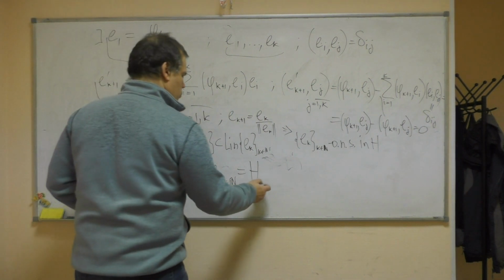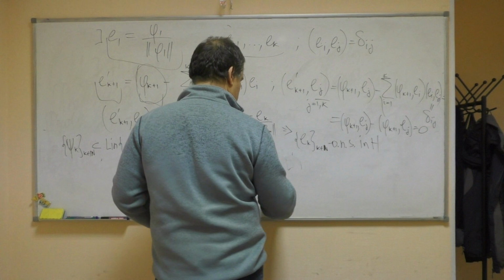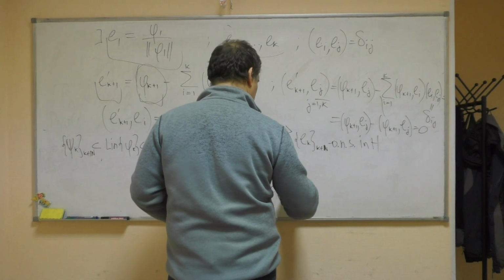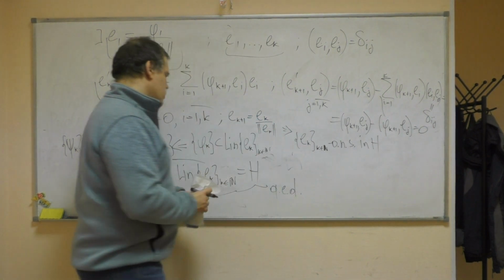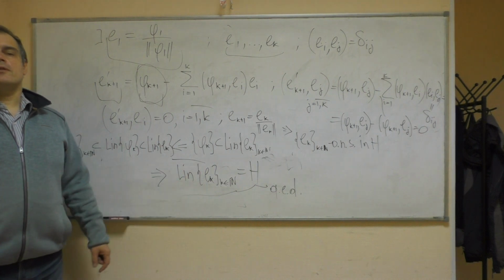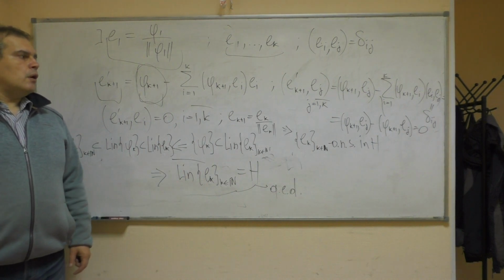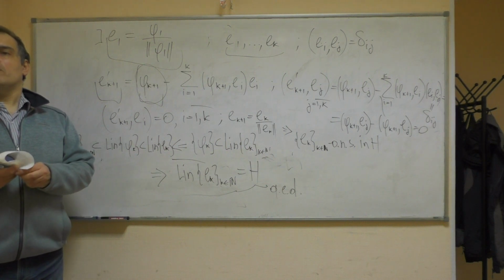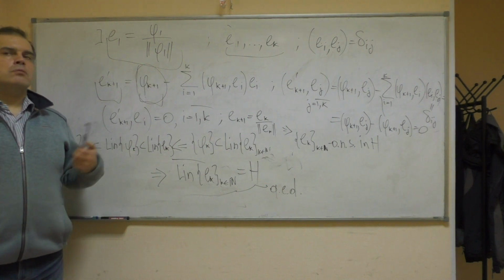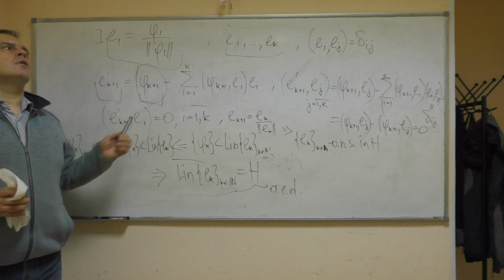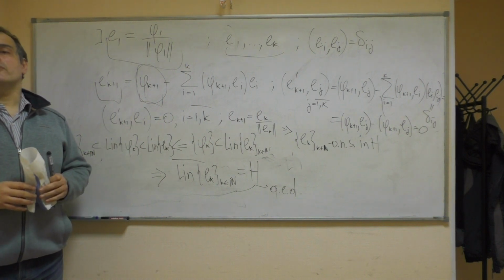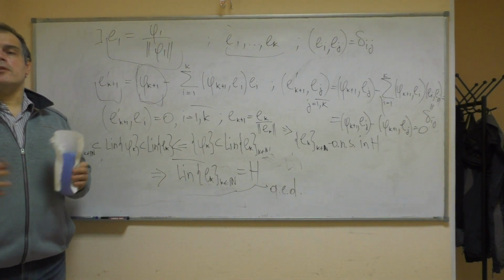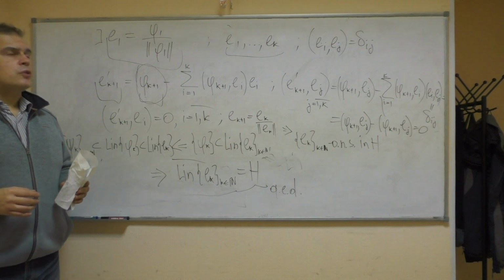And according to our previous theorem, it is enough for an orthonormal system to be a basis. Let's finish our proof, and also our chapter about Hilbert spaces is finished.